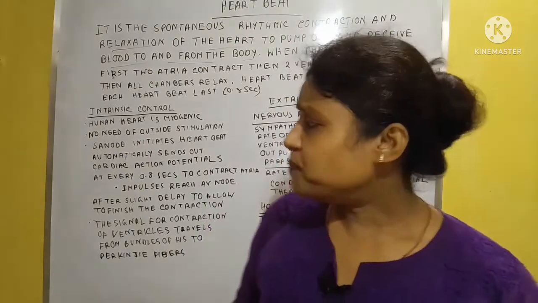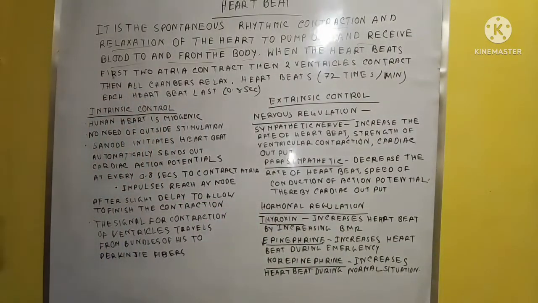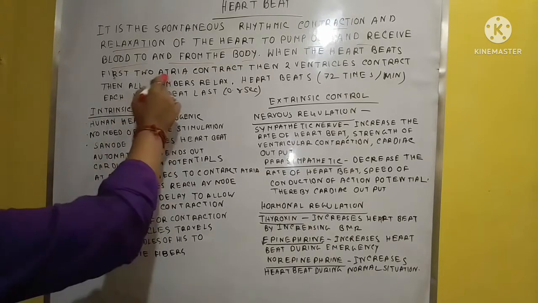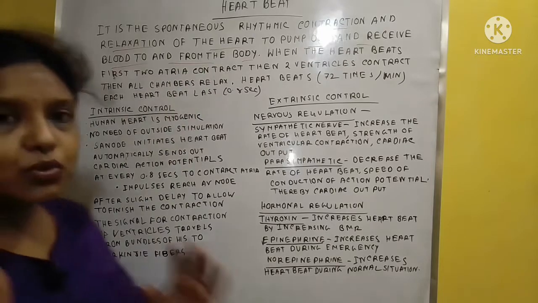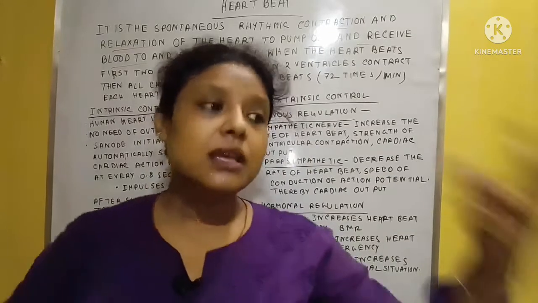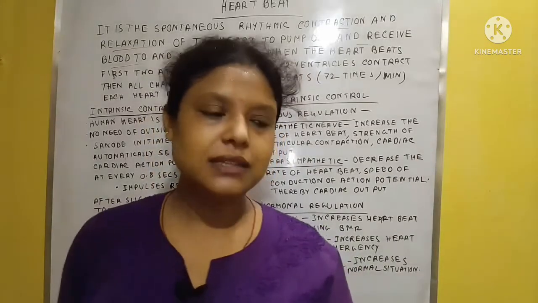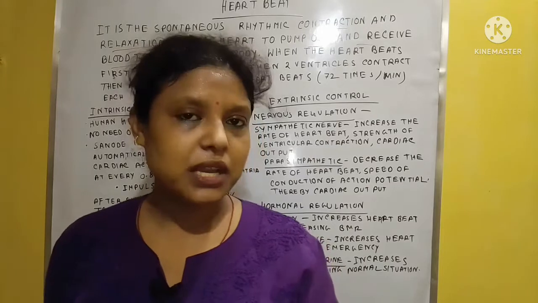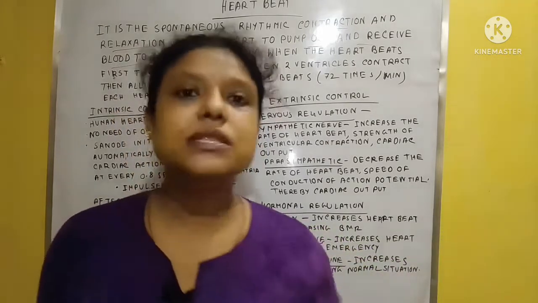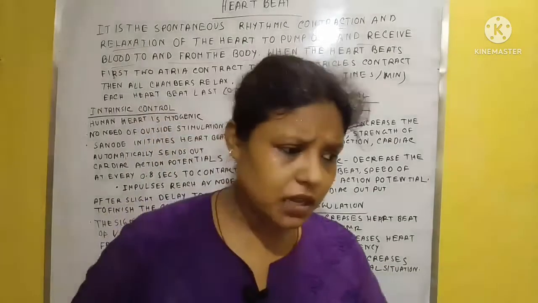Here we will learn how the relaxation and contraction are controlled. You know that the atria contract first. You all know there are two atrial chambers, the right and the left. From the right auricle, the deoxygenated blood comes to the right ventricle, and then from the right ventricle it goes to the lungs for oxygenation through the pulmonary artery.